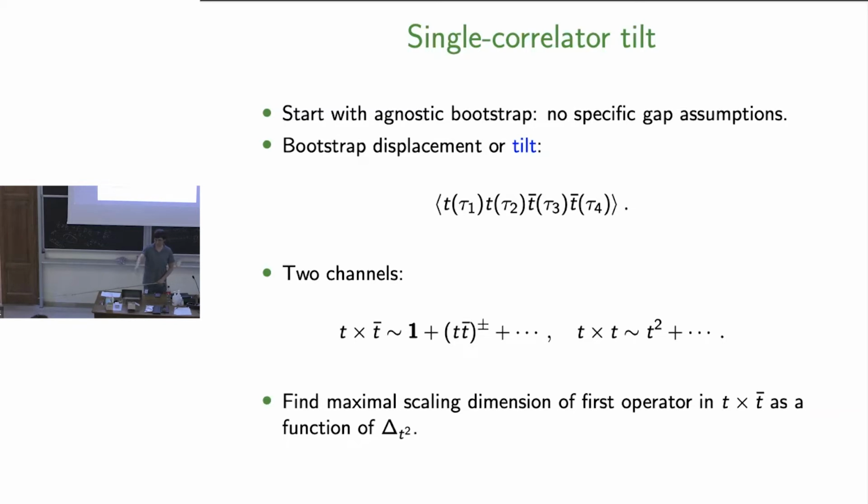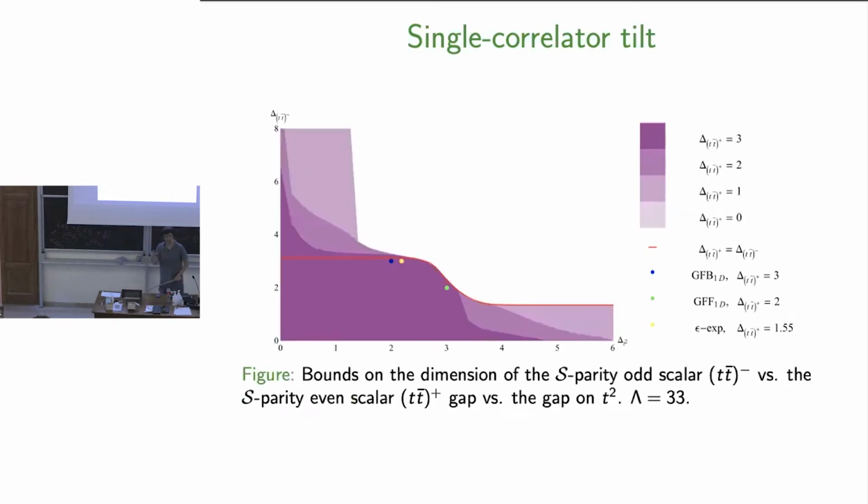So if you just study the single correlator of the tilt and the single correlator of the displacement, it's basically the same code. The bootstrap doesn't know that you're doing flavor. So it's important that as of now, we're actually not giving much information. And as you were asking, the theories that you were asking about, where are they? Well, they're actually there in the plot.